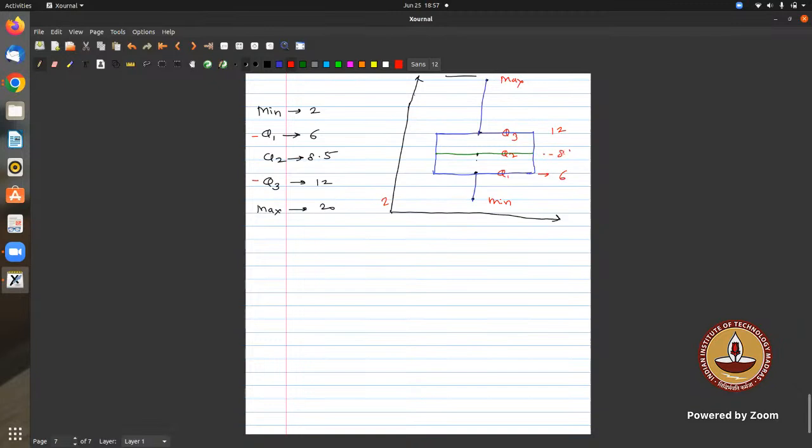Between 6 and 12, what should be the middle value? 9, right? But my median lies at 8.5, so it is not in the middle of the box. Currently it is near Q1, but it can go anywhere. So don't get mistaken by this. This is what my box plot looks like.